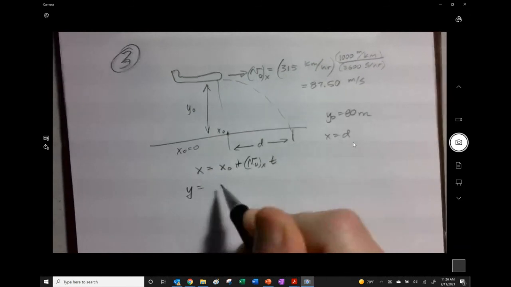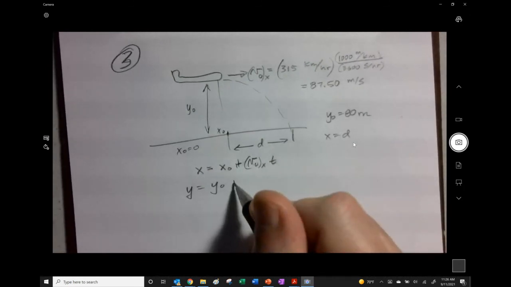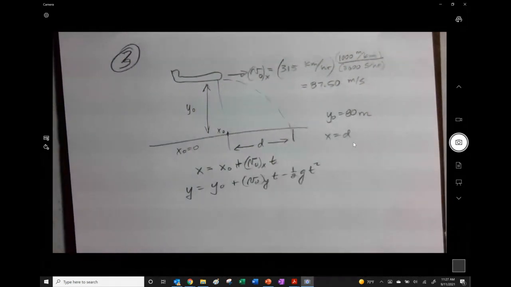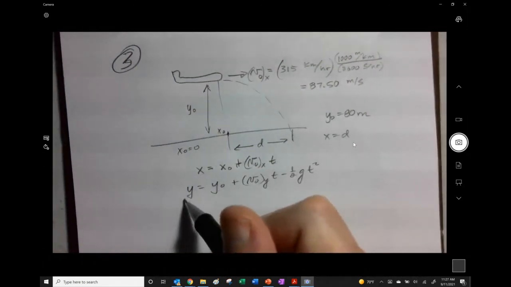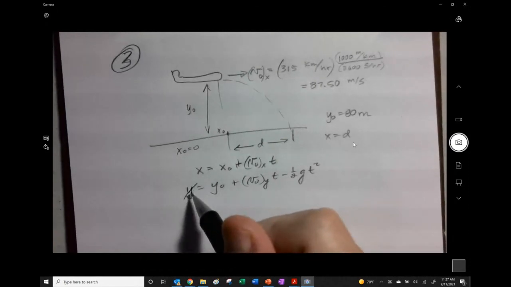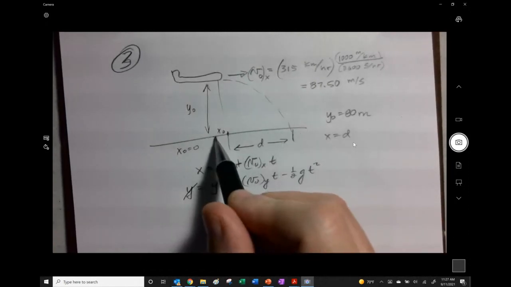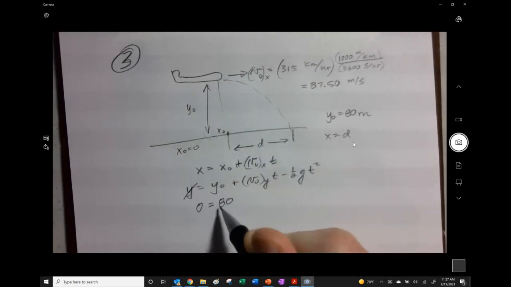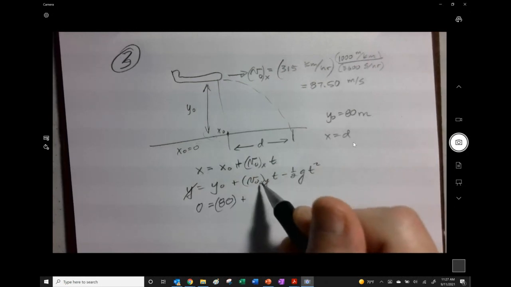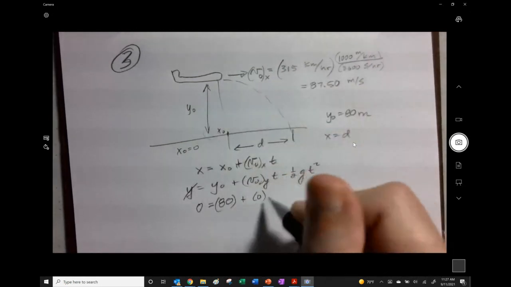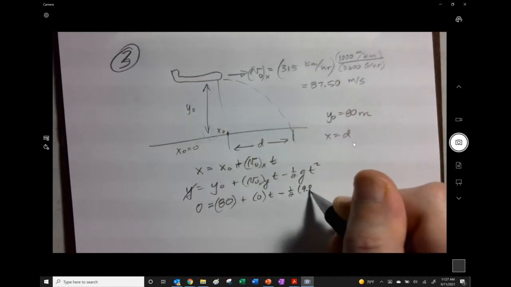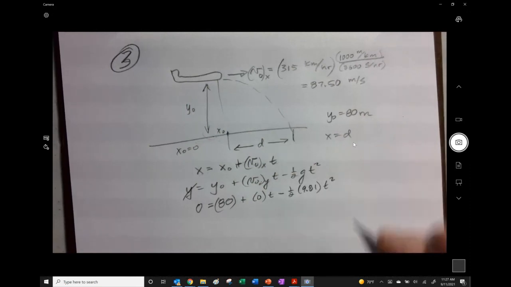So we use y equals y0 plus v0y t minus 1/2 g t squared. Fortunately for us, y is going to be 0, because it's going to hit the ground. So 0 equals 80 plus, and the initial velocity in the y is 0, so we don't have to worry about that term, minus 1/2 times 9.81 t squared.